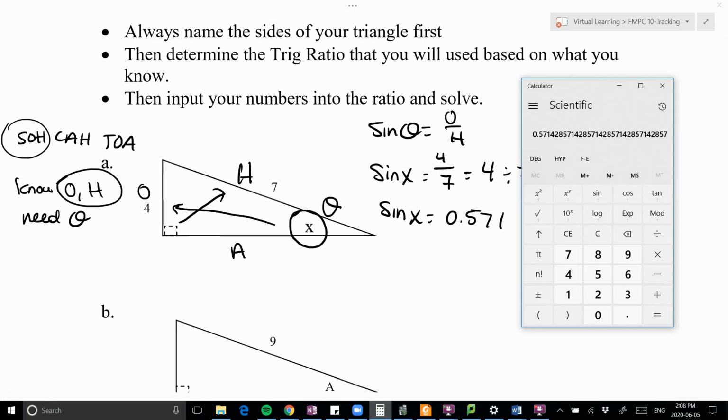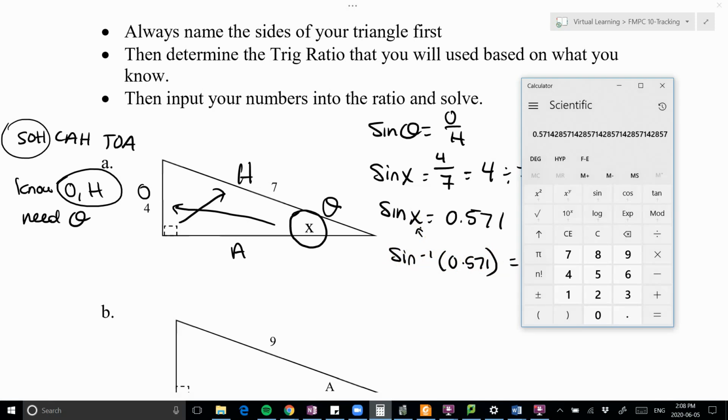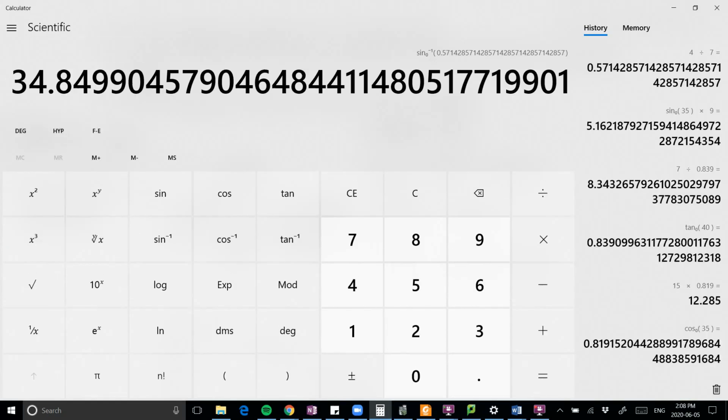So here, remember, to find a missing angle, we do that sine -1. So in my calculator, because it's got that in there, I'm just going to go second, sine -1. And notice that if we expand that calculator so you can see it bigger, it's actually kept that whole decimal and put it into the sine.